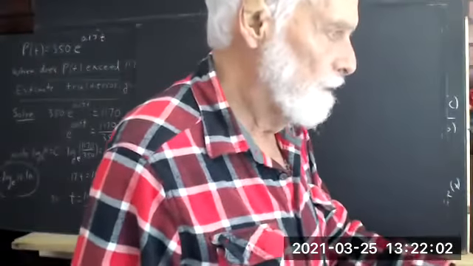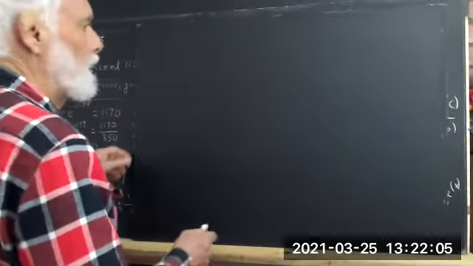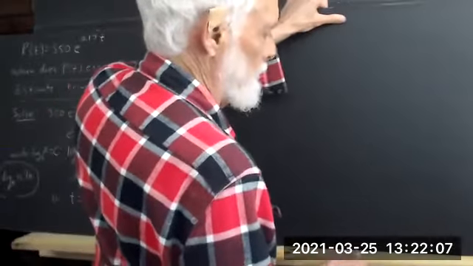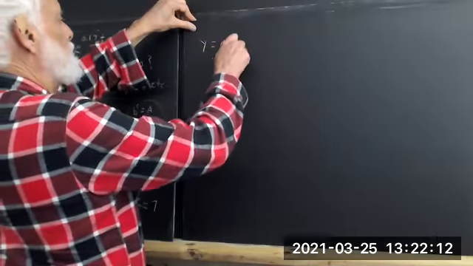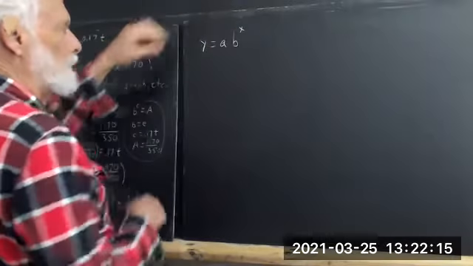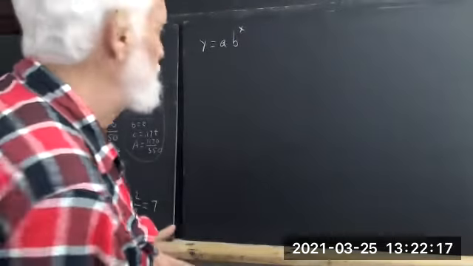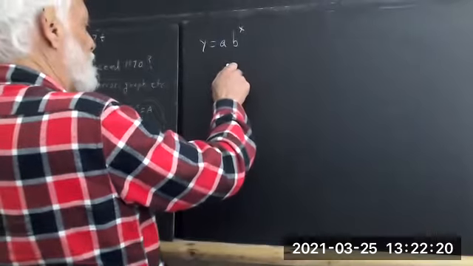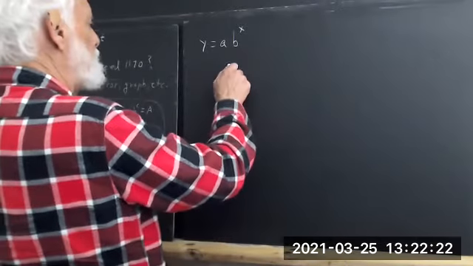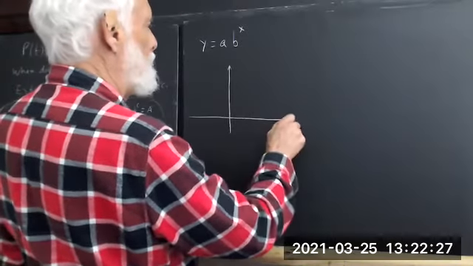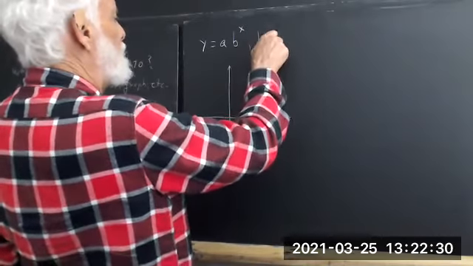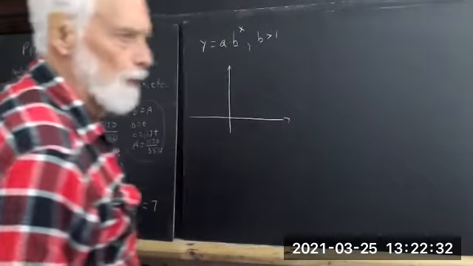And from what we've already done and what you've already done for homework, I think you're going to understand that the graph of y equals ab to the x is going to look like this. And let's assume that b is greater than 1.